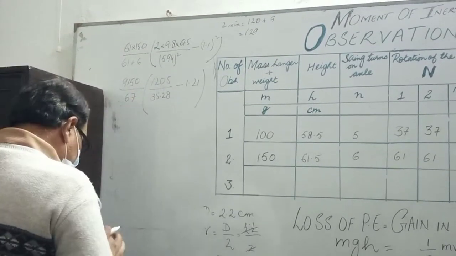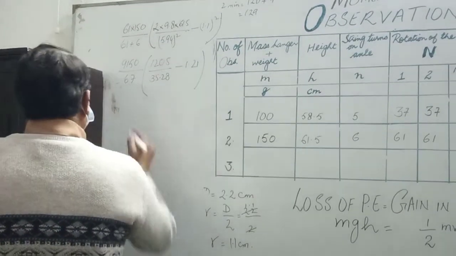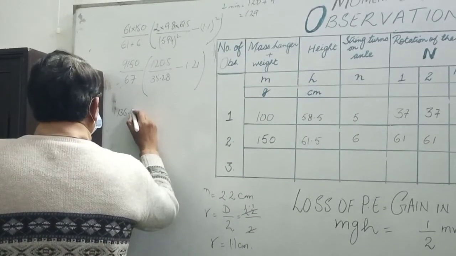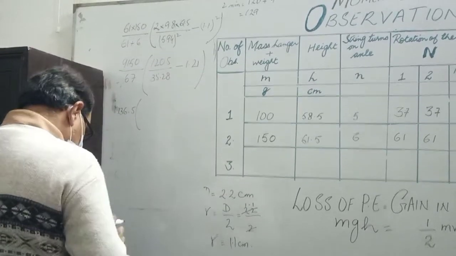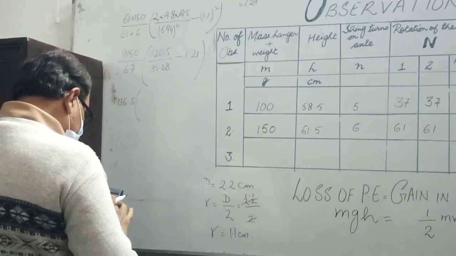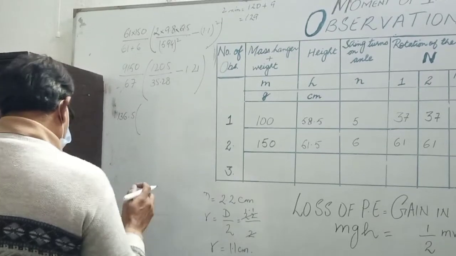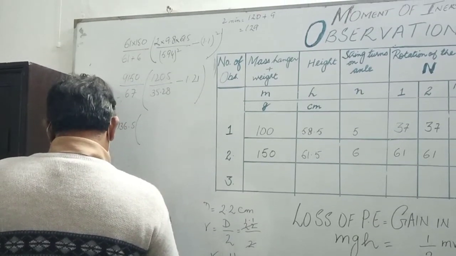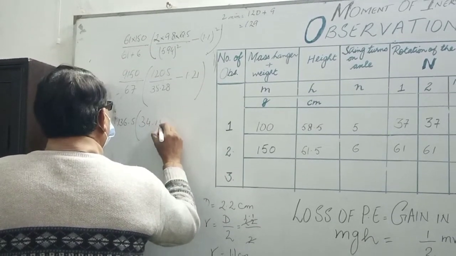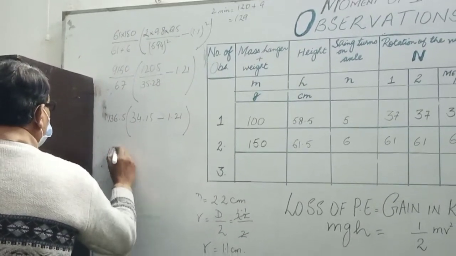Then 9150 divided by 67, we got the value 136.5. 1205 divided by 35.28, it would become 34.15 minus 1.21. First we are going to solve this bracket.